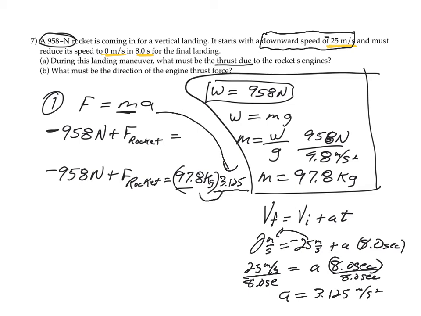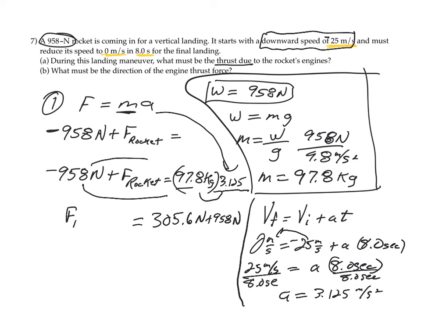And I'm going to get 305.6 newtons. And then I'm going to add 958 newtons to both sides. And that's going to be force rocket.